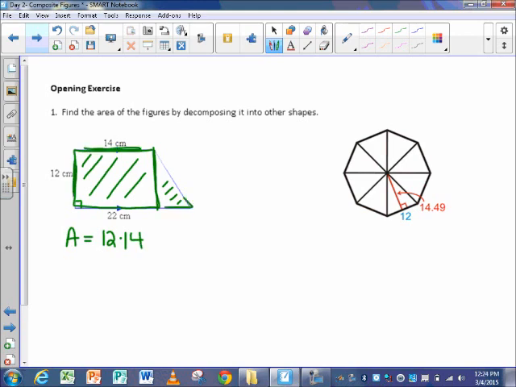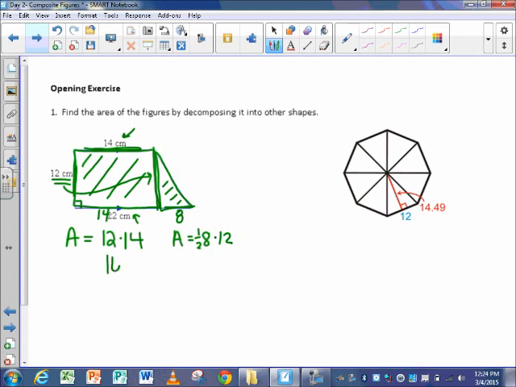And then this triangle over here, if that was 14 on top and this is 22 on the bottom, that means this is 14 and this is 8. And if I've got 12 over here, that means this is also 12. So the area of the triangle is 1/2 times 8 times 12. If I find both areas and add them together, I will have the answer to our problem.